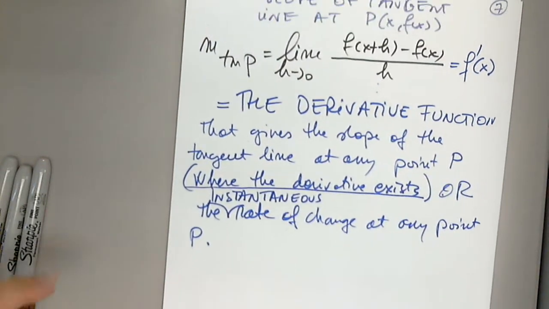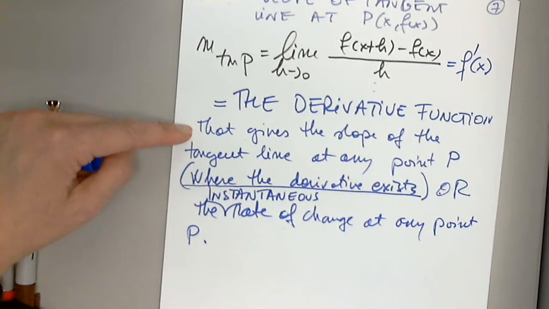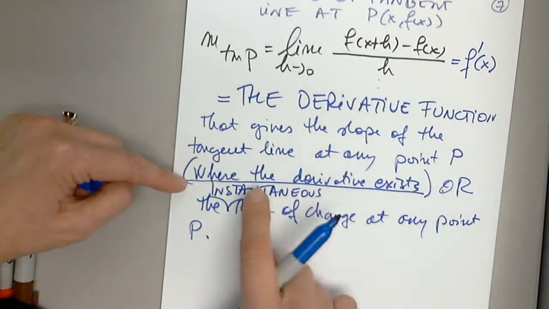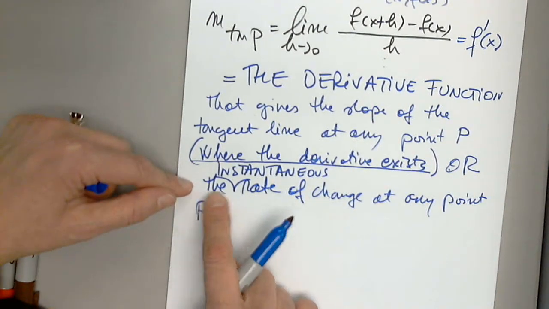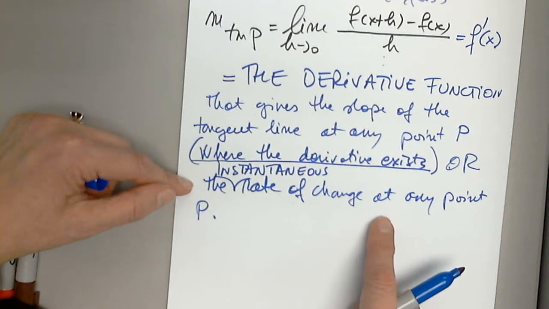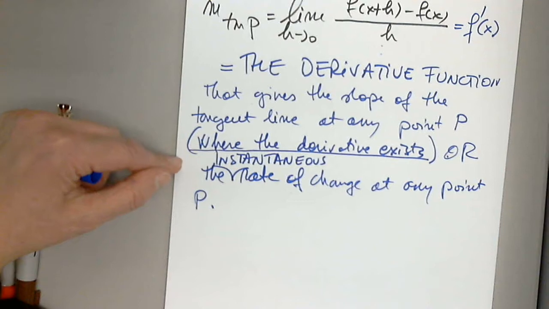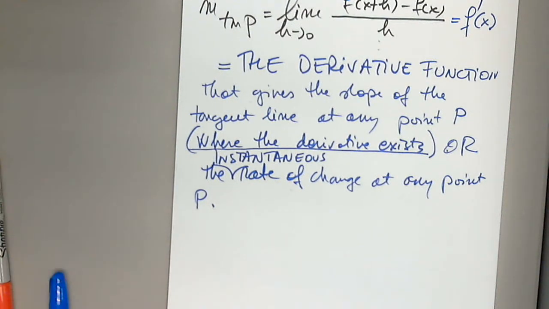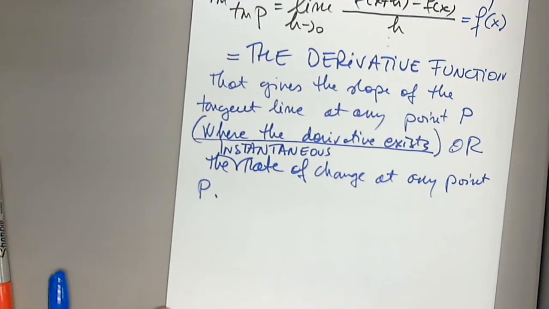Let me read it one more time. It's the derivative function that gives the slope of the tangent line at any point P where the derivative exists, or it gives the instantaneous rate of change at any point P with the same restriction where the derivative exists. So there is only one definition of the derivative function.